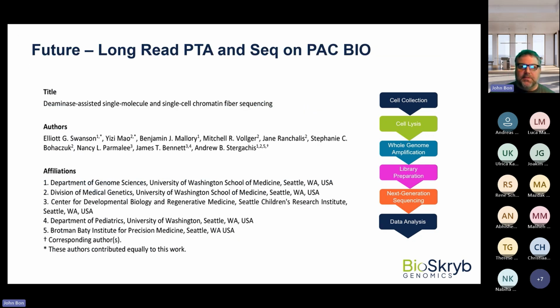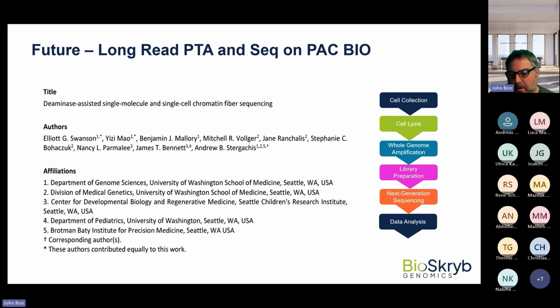And I do want to say that for the future, there's a bioRxiv paper that just came out a couple weeks ago, which is with a different PTA kit. It's not available for purchase yet, but in our services we could do it. It's long read PTA, a modified PTA reaction, and you could do long reads with the PacBio system.